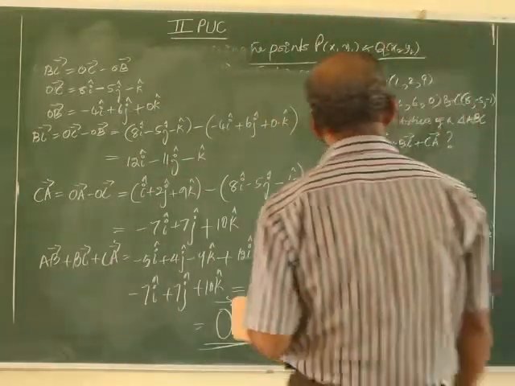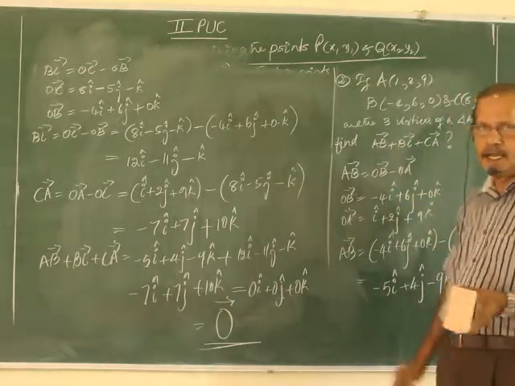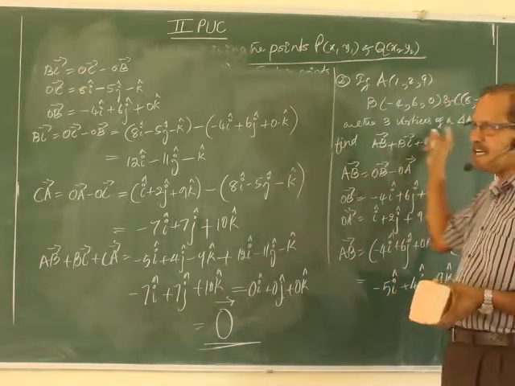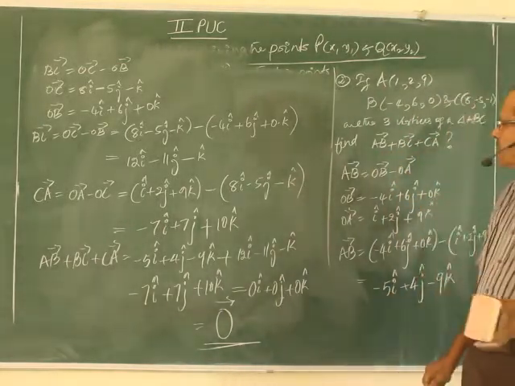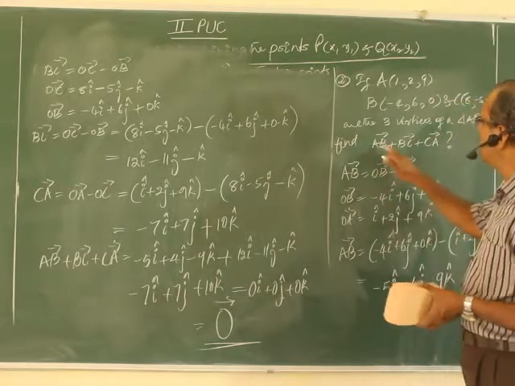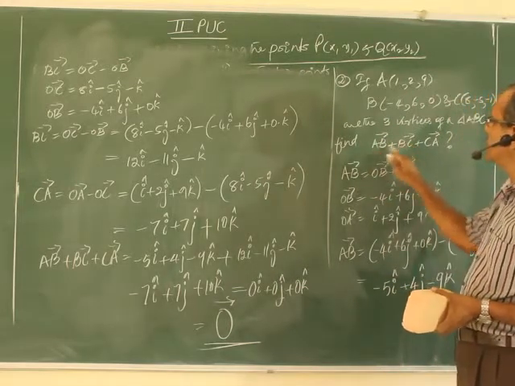Actually, this one is given only to find AB, BC, CA. The answer is ready. If the same question comes in a CET exam, AB plus BC equals what? Tell me.